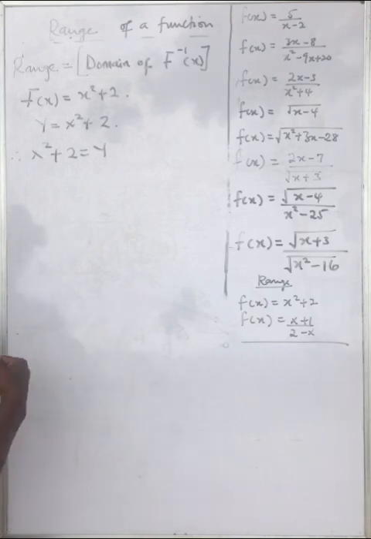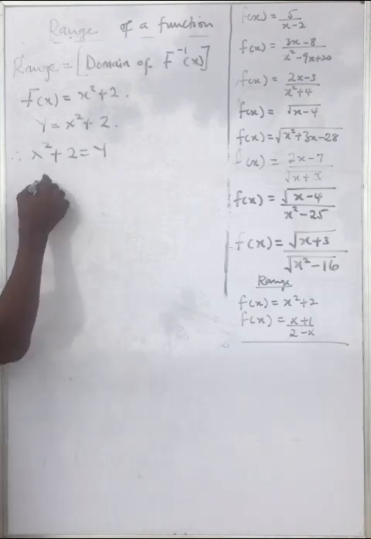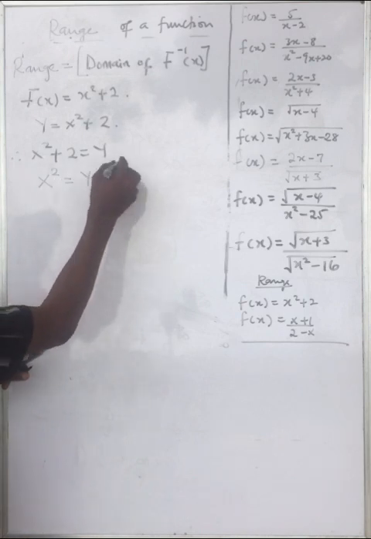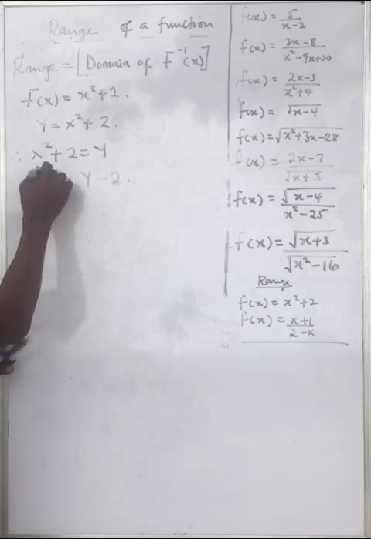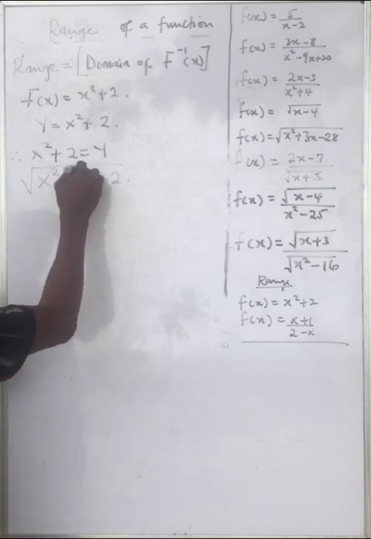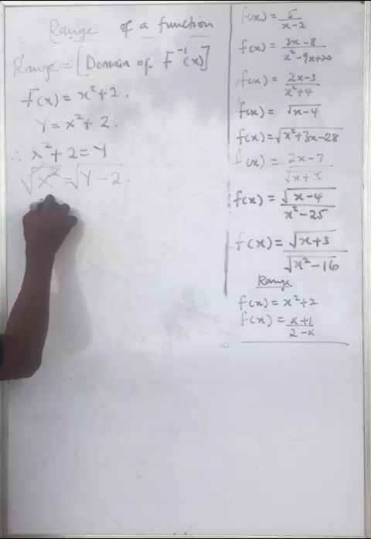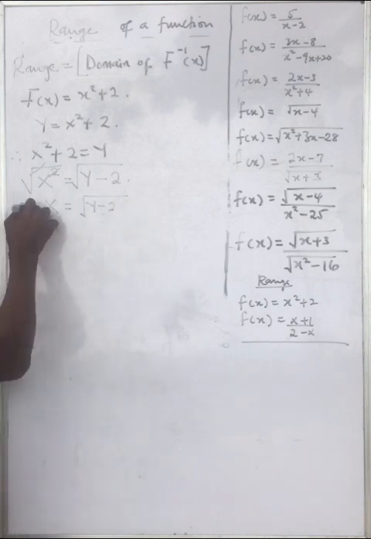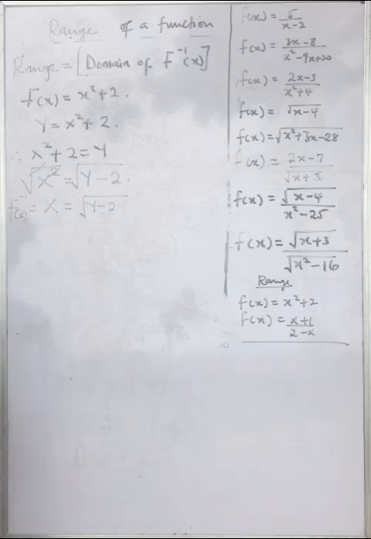Yes, it's the same thing. So that x squared is equal to y minus 2. So in order for me to get x, I will square root both sides, so that my x is equal to the root of y minus 2, which happens to be the inverse of this function now.